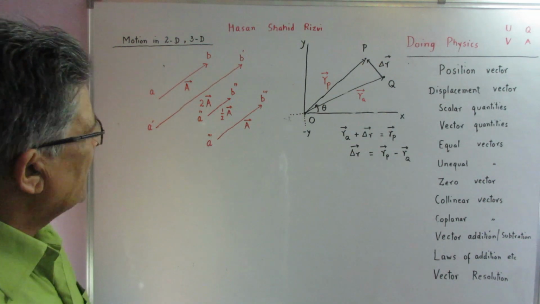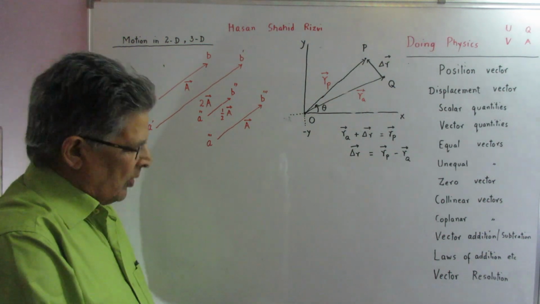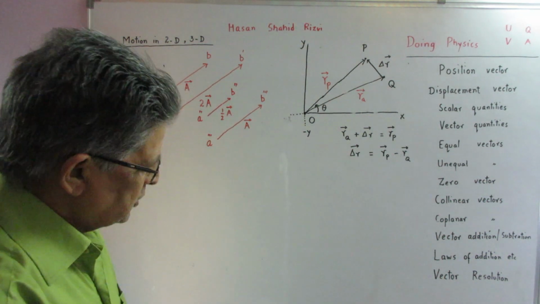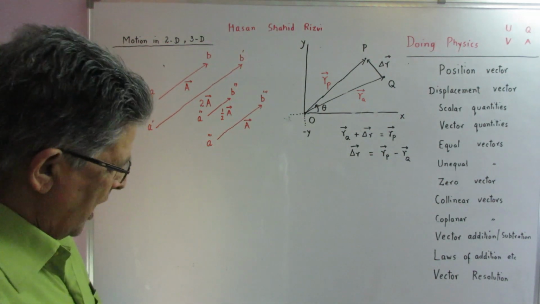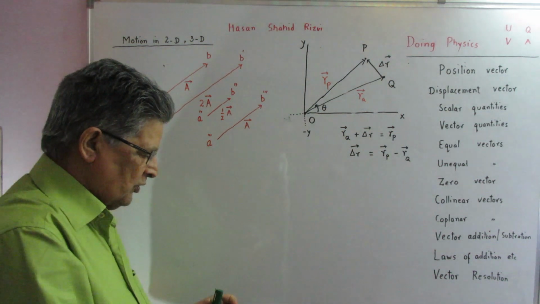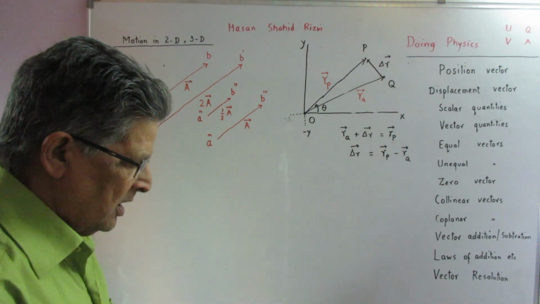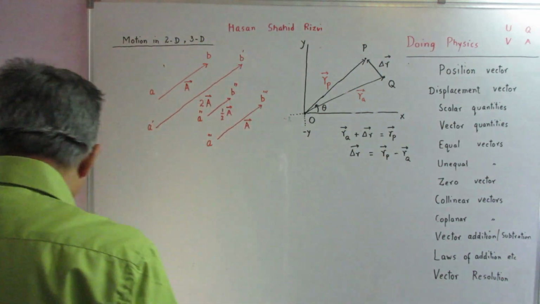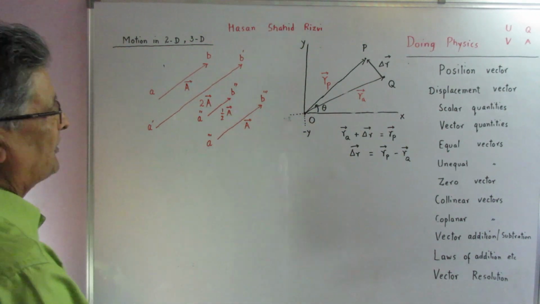Okay, like that. Now, allow me to introduce to you how, when there are two vectors, I add the two vectors or subtract one vector from the other vector.